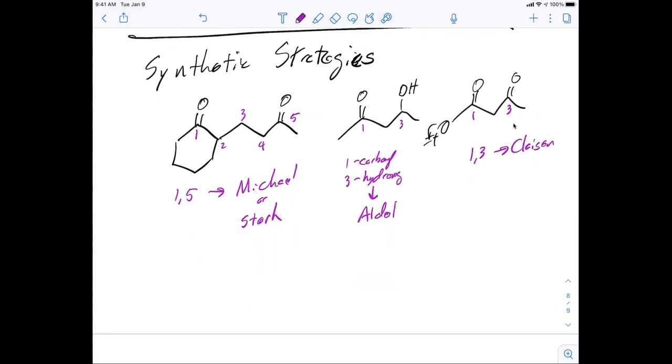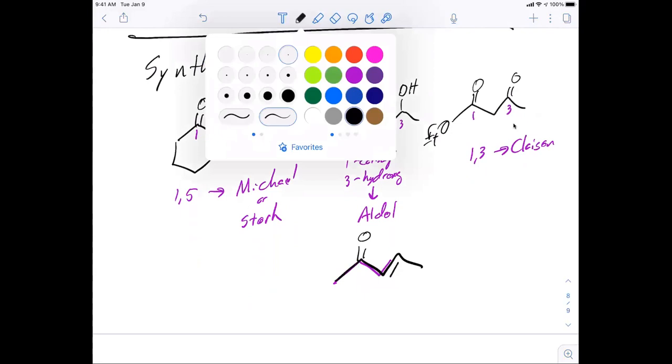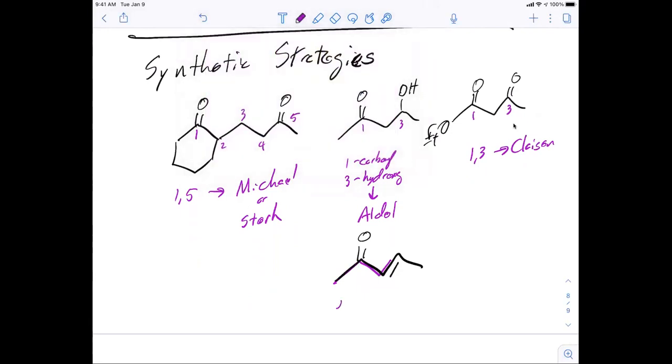And then the variety of the aldol here is if you're looking at an alpha beta unsaturated, then that's an aldol condensation. So there's some structures to look for when you're looking at synthetic strategies.